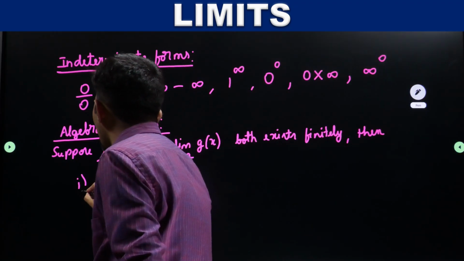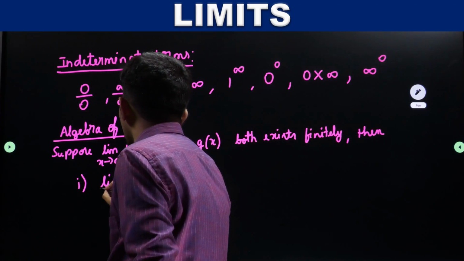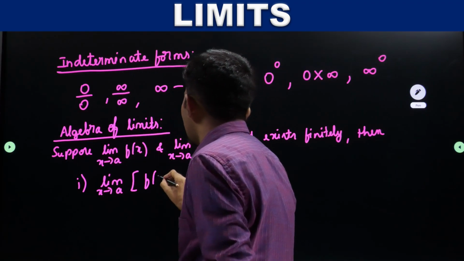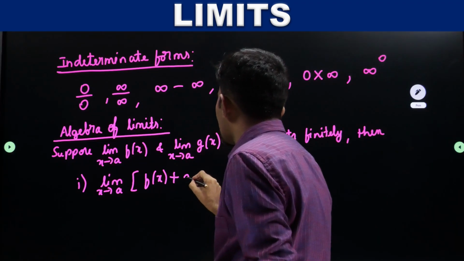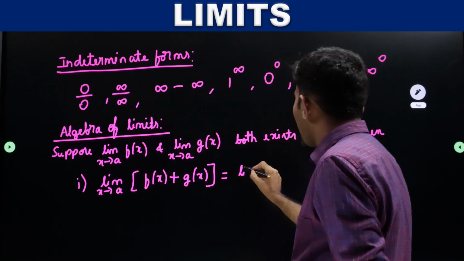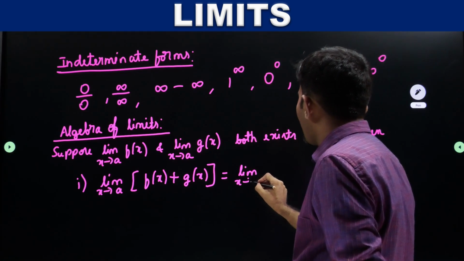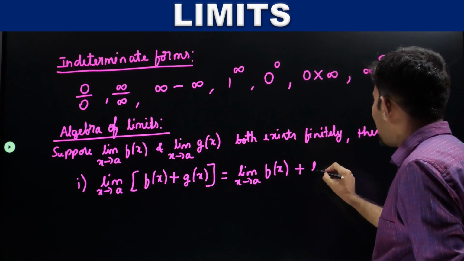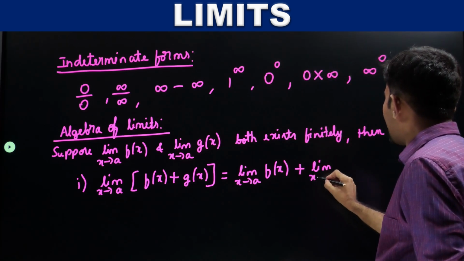limit x tends to a, f of x plus g of x. Limit of the sum is sum of the limits. Limit x tends to a, f of x plus g of x is equal to limit x tends to a, f of x plus limit x tends to a, g of x.